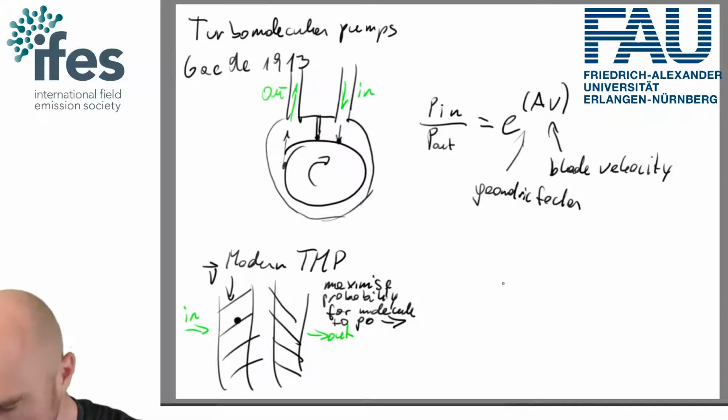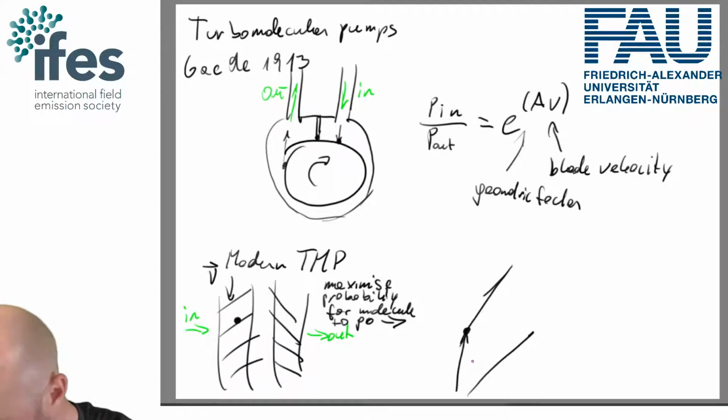And so essentially, if I look at the blade itself, or just a space between two blades, and I get a molecule from the incident side. Yeah, so you get a molecule adsorbing here.